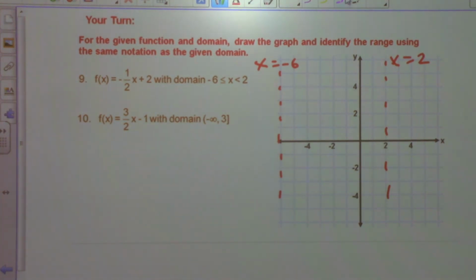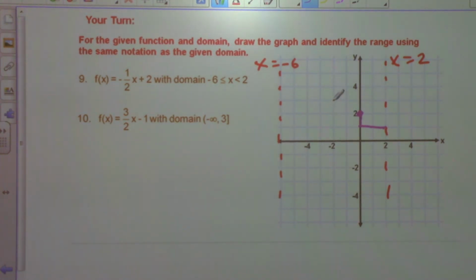We can start at y equals 2. And then we would have a slope of -1/2. So down 1 over 2, so right here. And then to go the other direction, we go like this.